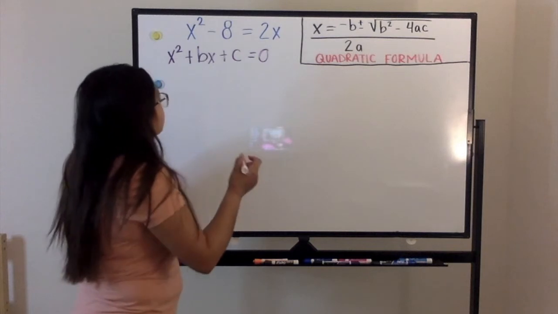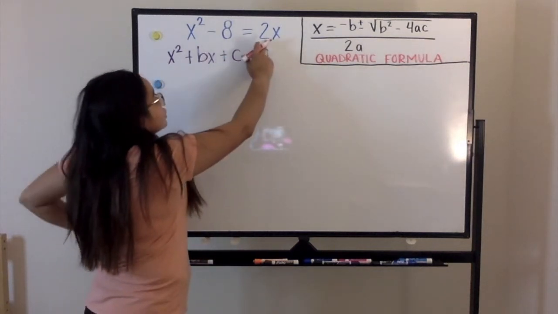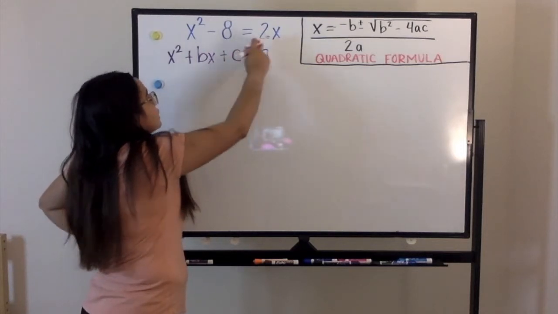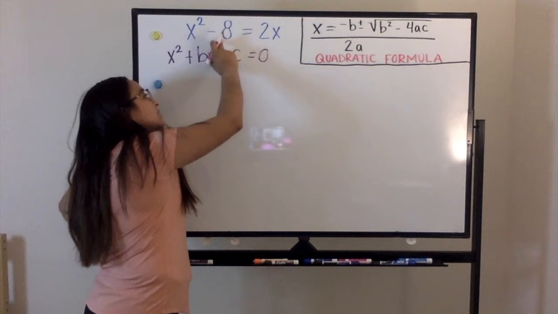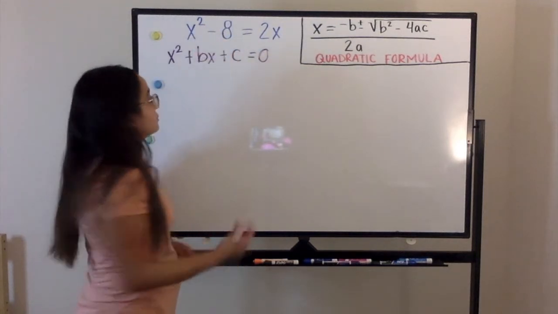We are going to take our 2x and subtract it from both sides. And we're going to move it not to the end of this equation, but to the middle where it's supposed to go.